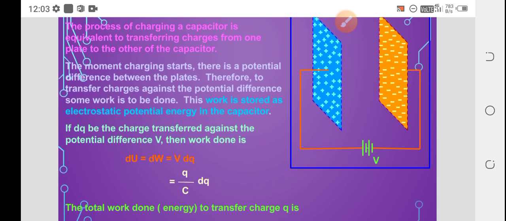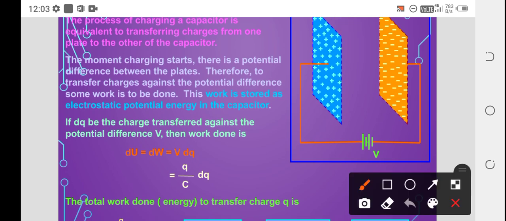You can see the figure once again. Here this is the positive charge and this is the negative charge. Now charge is transferred from one plate to the other plate, and this is the charging process.